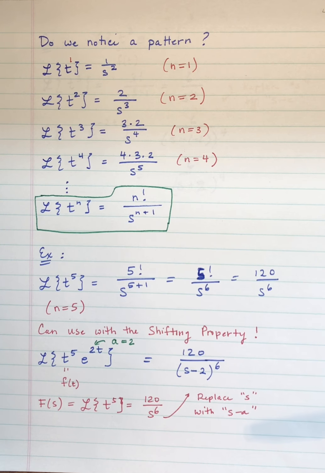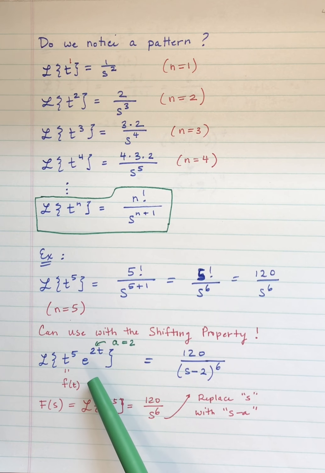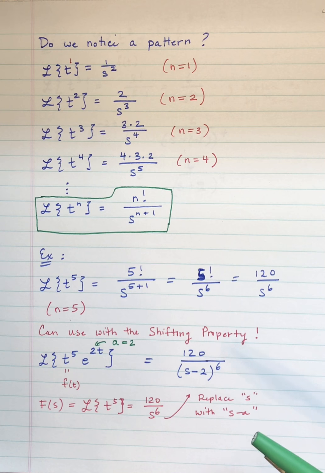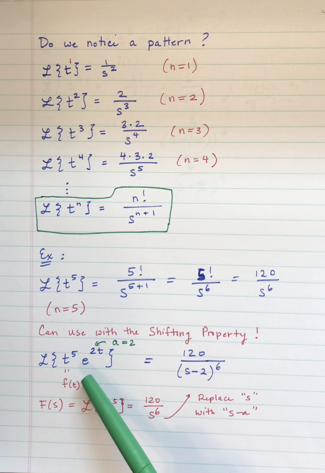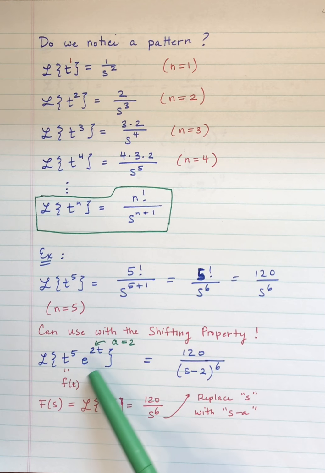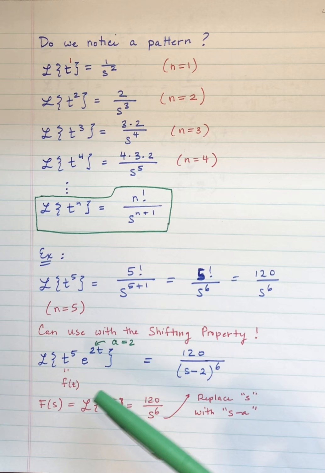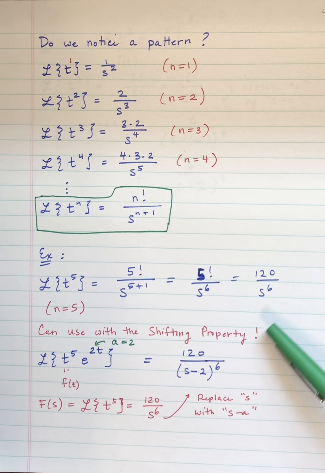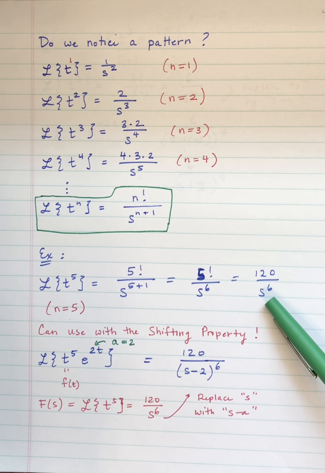Now, you can use this in connection with the shifting property. So what if I said, hey, what's the Laplace transform of t to the 5th times e to the 2t? Well, we're multiplying this function, that's our little f of t, times the exponential. So our a here is 2. We just shift the s by s minus a.